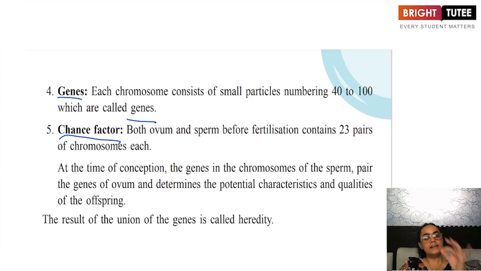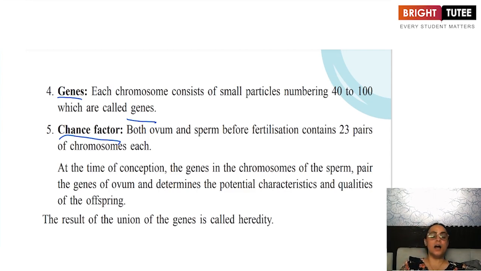Both the ovum as well as the sperm, before the fertilization takes place, as I told you, there are 23 pairs of chromosomes in each, right? At the time of conception, when the fertilization actually takes place, the genes which are a component of the chromosome, so the genes of the chromosomes of the sperm, they pair with the genes of the chromosomes of the ovum.